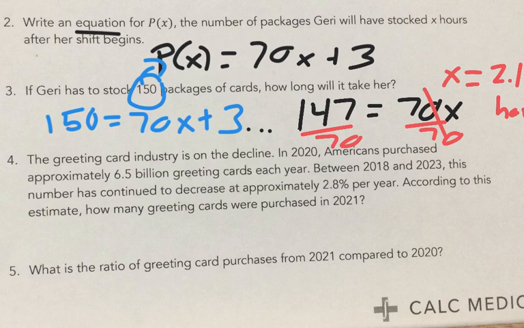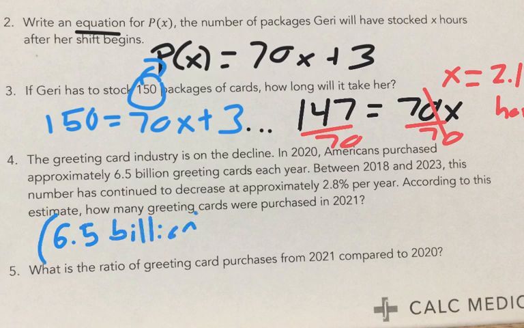So when I think about this, anybody? I don't want to tell you what. It's the same as the check your progress on the last page. It's very similar. Yeah, and so you do 6.5 billion times 0.972.